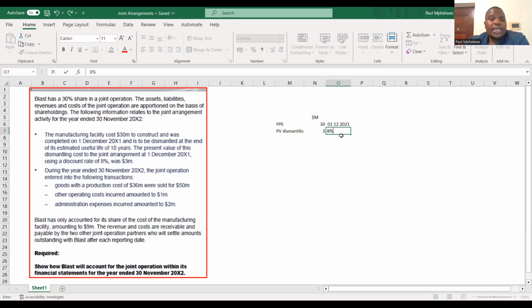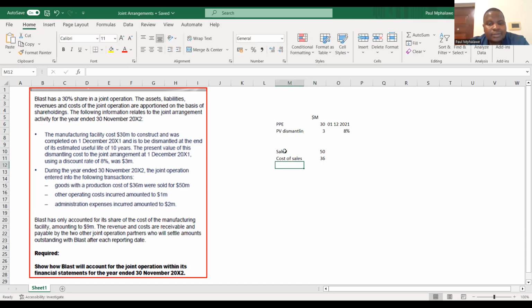And during the year ended 30 November 2022, the joint operation entered into the following transactions. Goods with production cost 36 million were sold for 50 million. So sales 50 million. Cost of sales for those goods, that is 36 million.